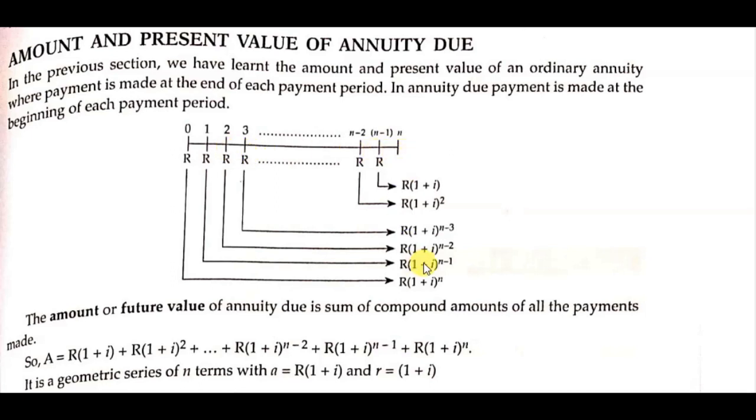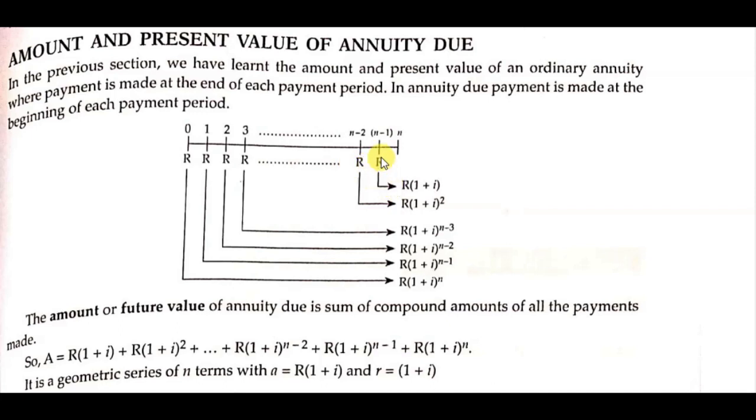And again, for the next month, you make the payment on the first date, and it will be invested for n minus 2 months. These are the amounts you will earn by investing those payments. It continues up to the last, and remember, the nth payment is not needed. Up to n minus 1 months, you have to make the regular payment every month on the first date.